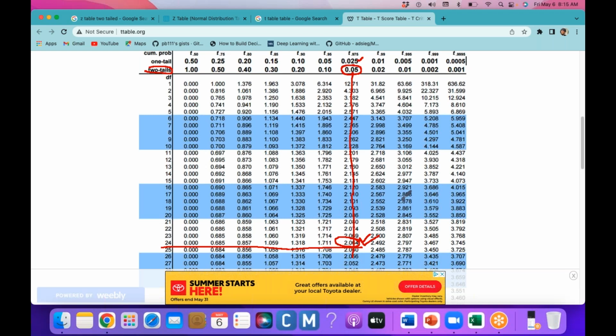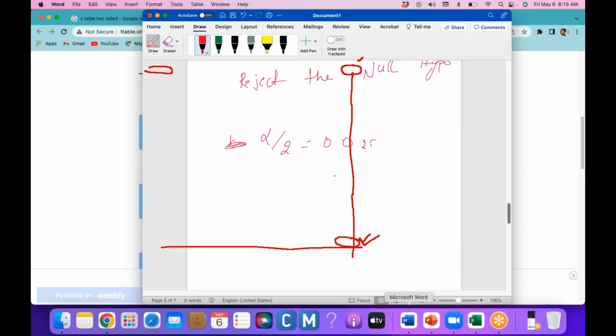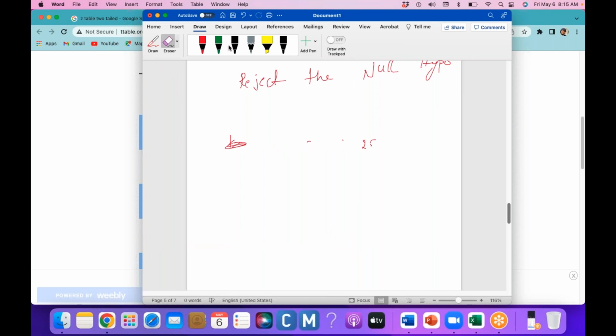So this is for today's class, guys. I hope you understood, and please note this one. We calculated the null hypothesis and alternate hypothesis. We understood what exactly the null hypothesis is and what exactly the alternate hypothesis is.